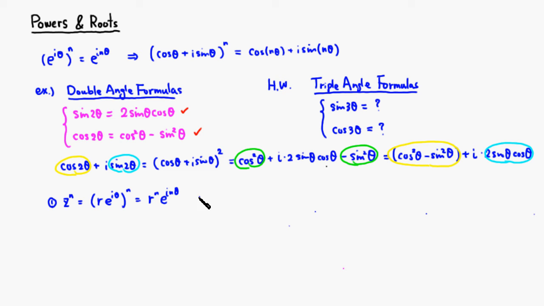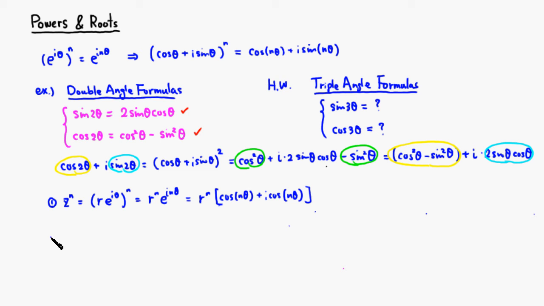So the magnitude or the absolute value is raised to the nth power, and the angle is multiplied by n. So it's r to the n times the bracket of cosine of n theta plus i sine of n theta. That's how the power works.